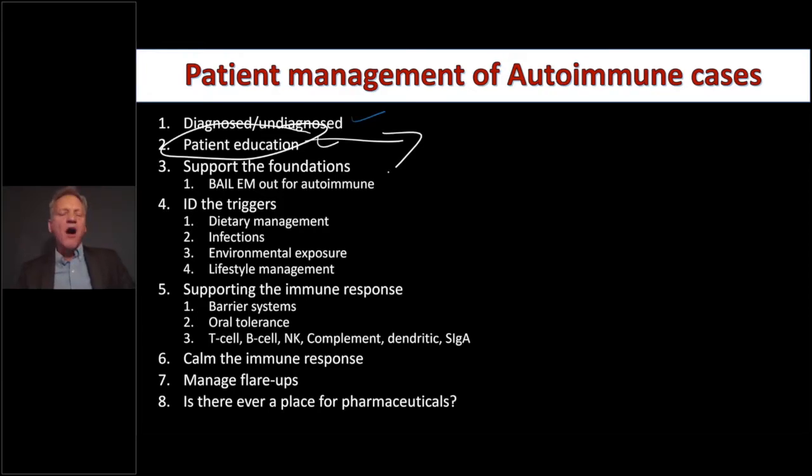We have to tell them all the bad news, and we've got to tell them as many scenarios as we can see. When you come to me as a patient and you have an autoimmune disorder, or I suspect you have one, the conversation is going to vary depending on the case and the nuances we need to delve into. But it's basically going to look like this. Mrs. Jones, you have an autoimmune disorder or autoimmune disease.